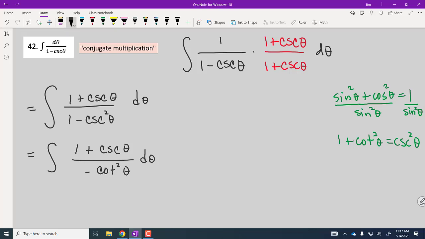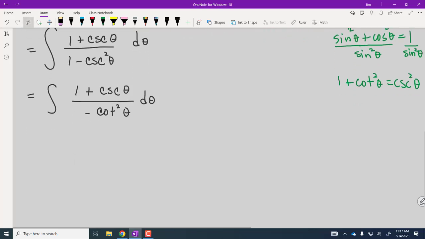This minus in the denominator, that will factor to the front. So I'm going to factor that minus to the front. Then we're going to split fractions again. Whenever the numerator has two terms, you can always take the denominator and split it. So we're going to divide that cotan squared into each part of the numerator. 1 divided by cotan squared is tangent squared.